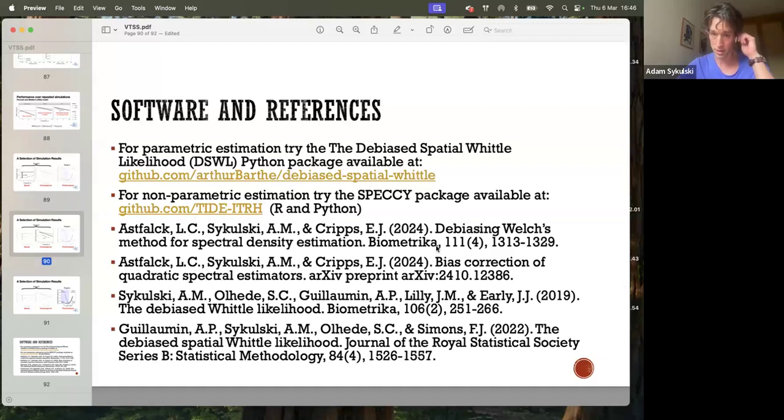And then what I presented to you today, debiasing Welch's method, is available in Biometrika from last year, but we also have a paper under review on arXiv, which is a bias correction of all quadratic spectral estimators, including multi-tapers and lag windows, where we've extended our ideas to other spectral density estimators beyond Welch's method. And the original Whittle likelihood correction papers for time and space are in the final two references.